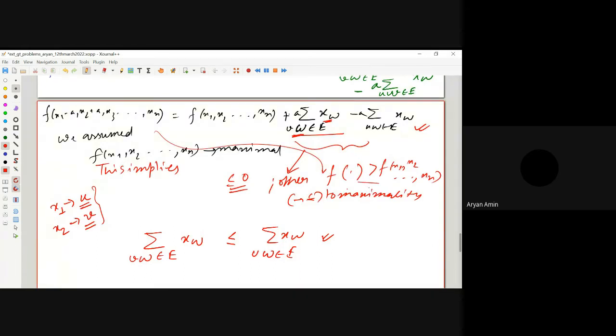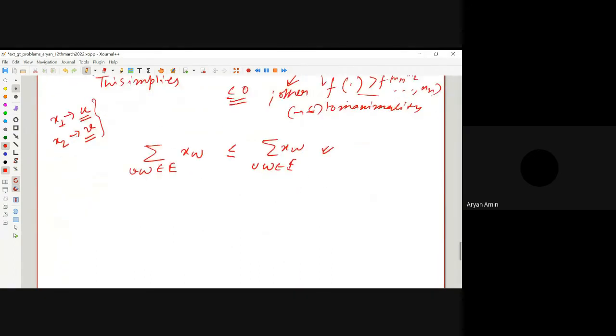Okay, so now think about this thing. We did not use what's special about x1 and x2. You can kind of see that this expression prejudices u over v, because u and v are kind of the same thing.